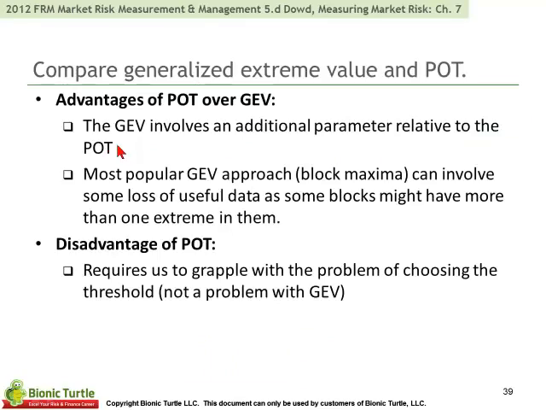So GEV has the location additionally. The most popular GEV approach is block maxima, but it can involve some loss of useful data. The disadvantage of the peaks over threshold is it requires us to grapple with the problem of choosing that threshold.